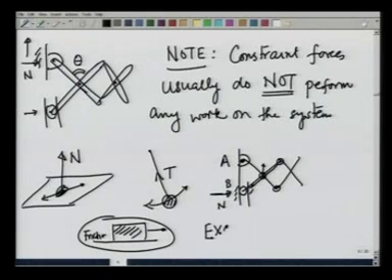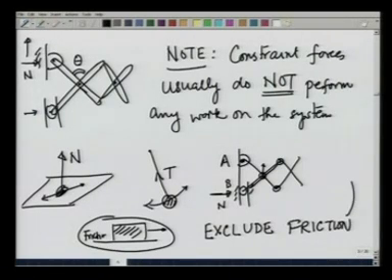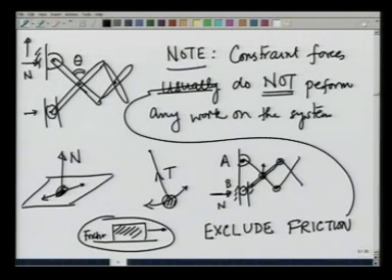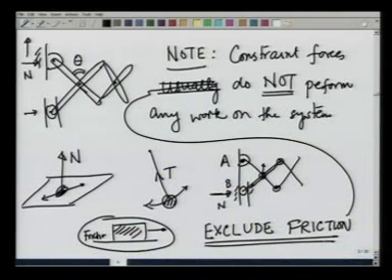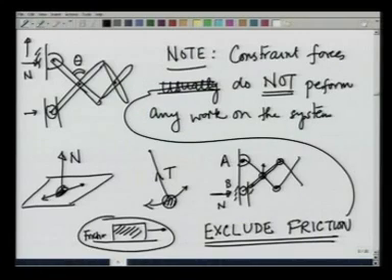On the other hand, if I exclude friction, then I would say that constraint forces do not perform any work on the system. In my development, now, we will be excluding friction and deal with those constraint forces that do not perform any work on the system, and it is this observation that makes dealing with the system very easy.